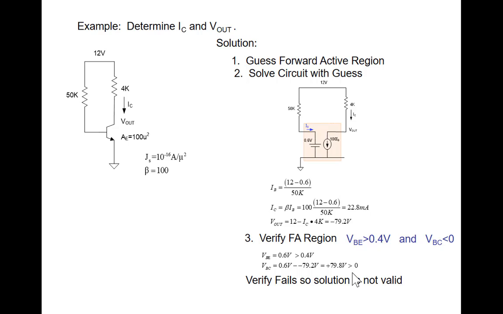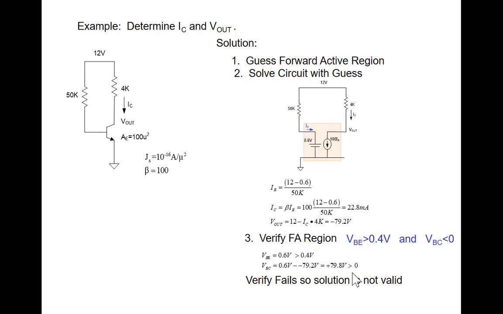Let's check that out. Oh, it's more work to verify this than it is to solve it. The solution is pretty easy. To verify, we have to show that the collector current is less than beta times the base current. So now I've got to calculate the collector current and the base current. The collector current is equal to 12 minus 0.2, it's 11.8 over 4K.